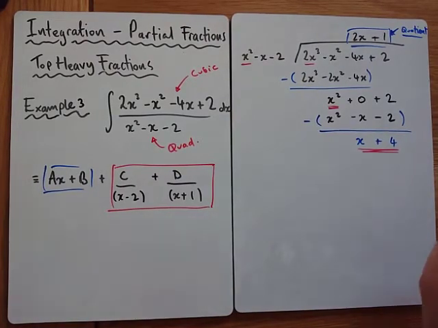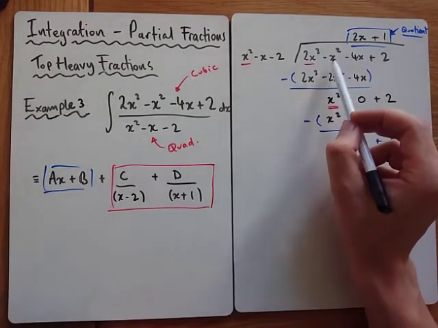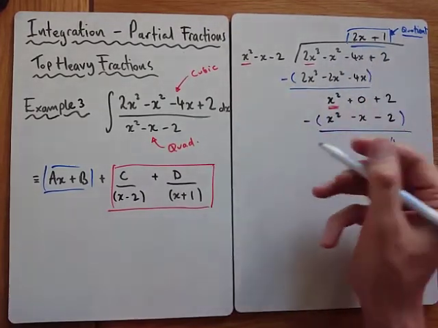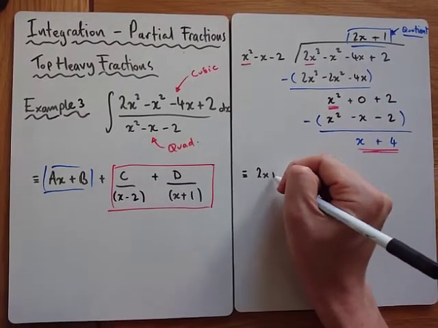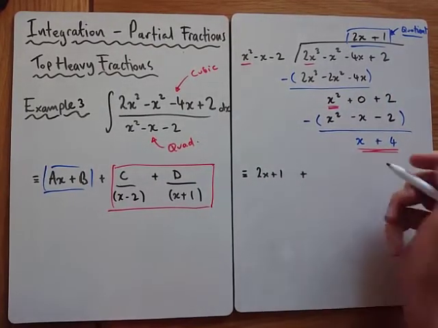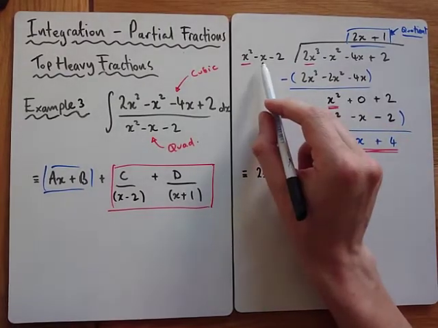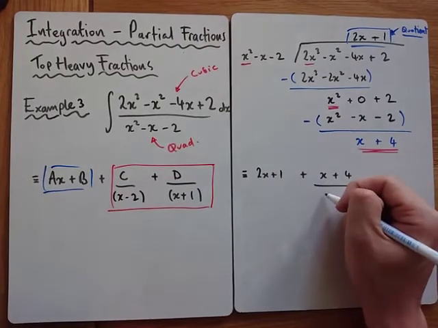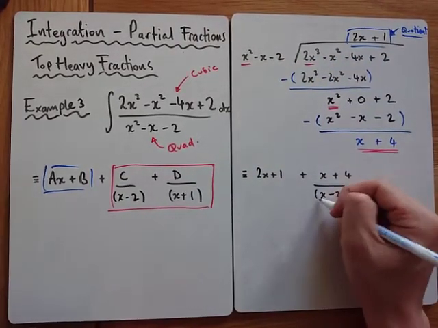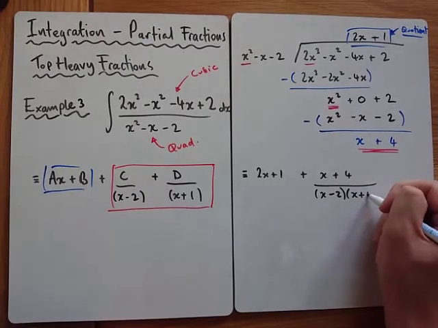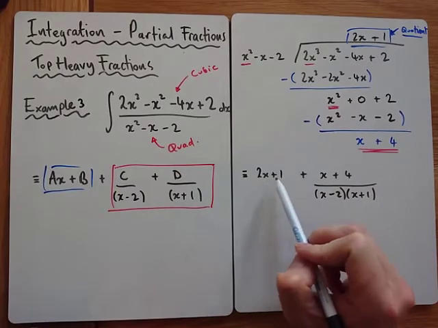Okay, so basically what we now know by this division is that this divided by this is equivalent to our quotient, which is 2x plus 1, plus our remainder, which is x plus 4, over our divisor, which I'm going to write as x minus 2, x plus 1, instead of x squared minus x minus 2. So when you do the algebraic division, you get 2 of the values straight away.